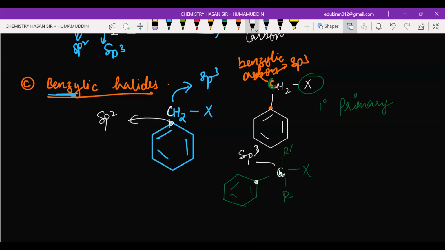So this is your benzylic carbon. And if you go for the degree, it is tertiary, or 3 degree, or we can write tertiary halide, because you can see the carbon to which X is connected has 3 carbons. So this is your 3 degree carbon. That's why it is tertiary halide. Got it? Yes. Please do write it.